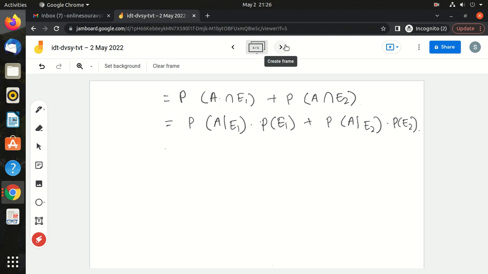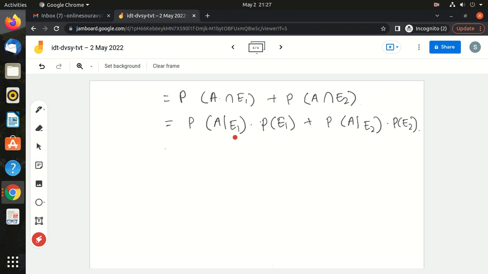Yes, the law of total probability, and that was named after a famous mathematician. I don't remember his name. I'm sorry to you and to that mathematician as well. Bayes rule, Bayes theorem. Yes, Bayes rule, correct.